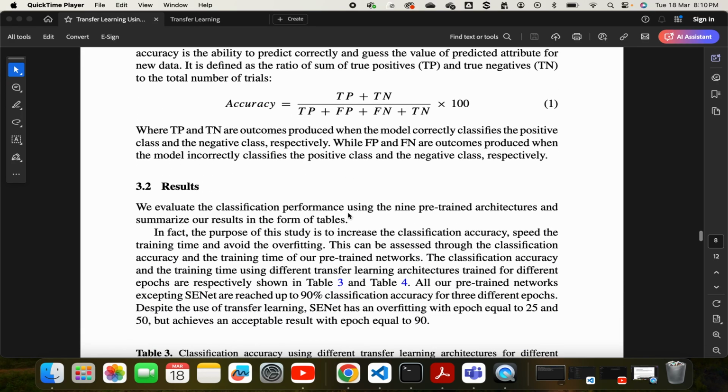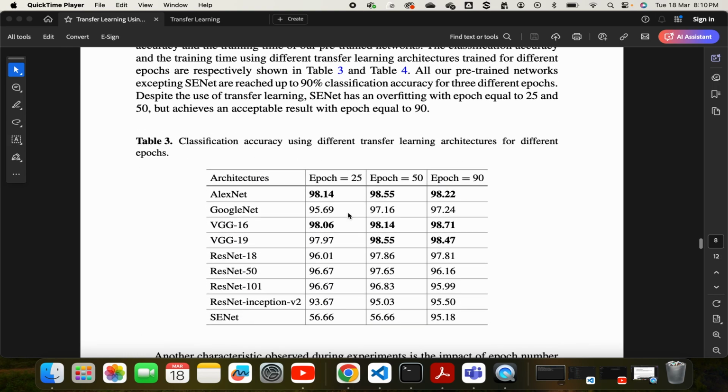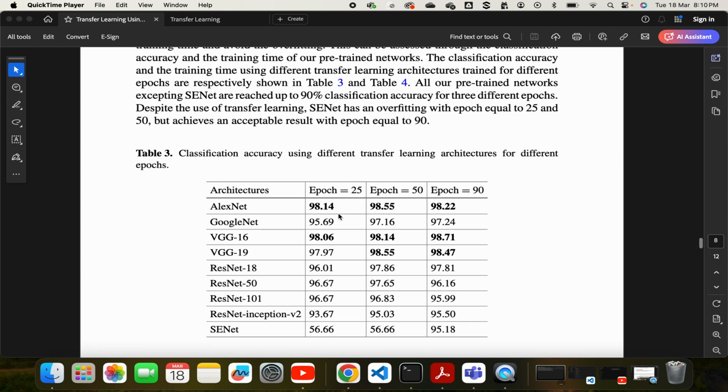The results showed that all the CNN architectures except SCNet achieved over 90% accuracy, as you can see in this table, and the best performing model was VGG16 with an accuracy of 98.71. Despite having fewer layers than deeper architectures like ResNet, VGG16 outperformed them in this task.